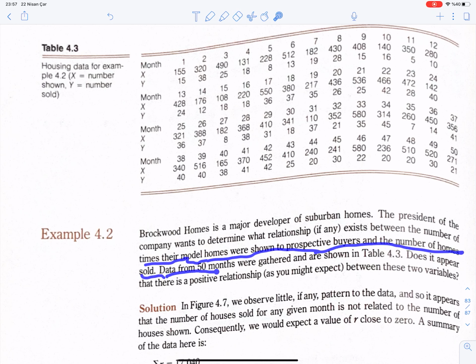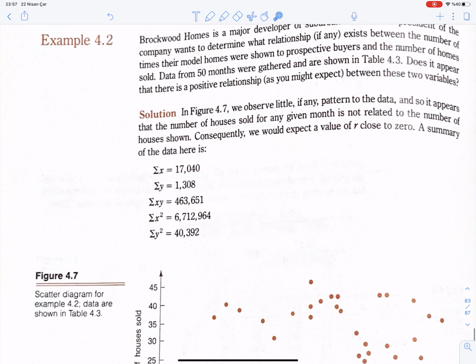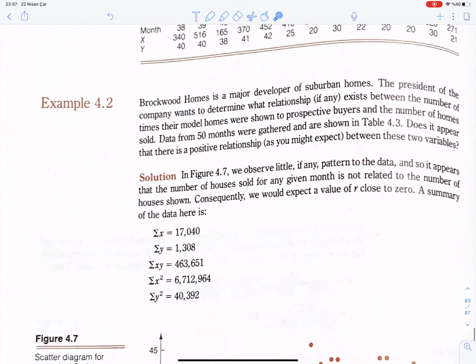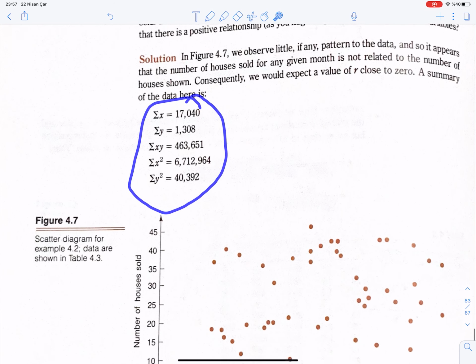The data from 50 months were gathered and shown in table 4.3, and the question is, does it appear that there is a positive relationship between those two variables? Okay, the solution is too simple. You substitute all these values within the formula of the Pearson correlation.